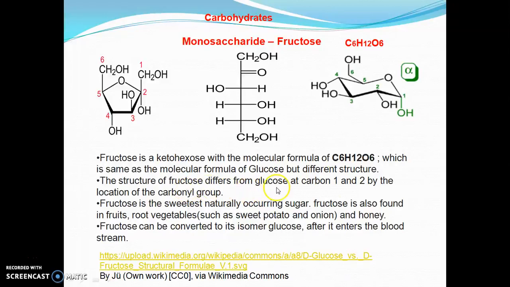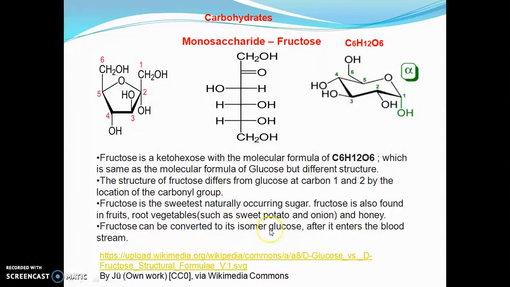The structure of fructose differs from glucose at carbon 1 and carbon 2. Fructose is the sweetest naturally occurring sugar. It is also found in fruits and root vegetables such as sweet potato, onion, and honey.